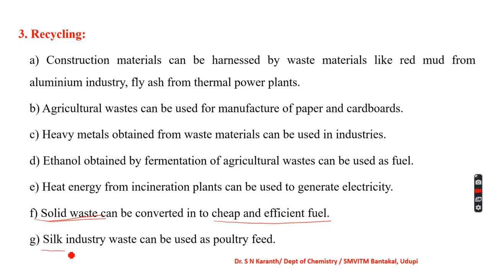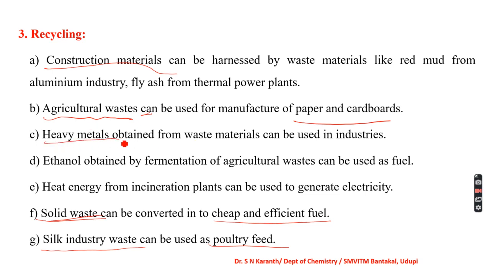The silk industry waste can be used as poultry feed. Likewise we can recycle the components. Construction material can be recycled, using waste materials like red mud from industry and power plants. Agricultural waste is usually used in the manufacture of paper and cardboards.